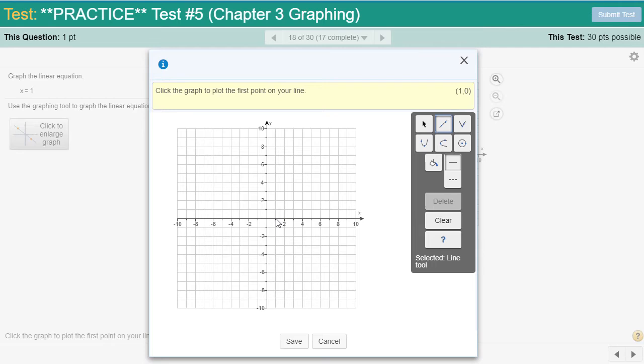So in this case, this vertical line crosses the x-axis at 1, 0. So there we have our first point locked in. And now you can say, well, I can click anywhere so long as the point that I click on gives me a vertical line. So you might choose to click way up here at the point 1, 8, and that will give you a vertical line.